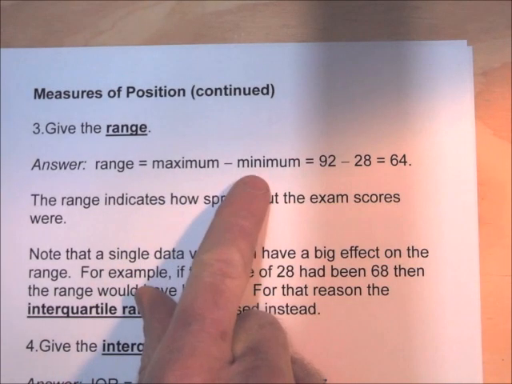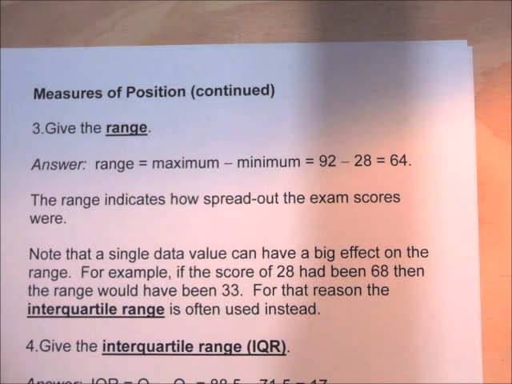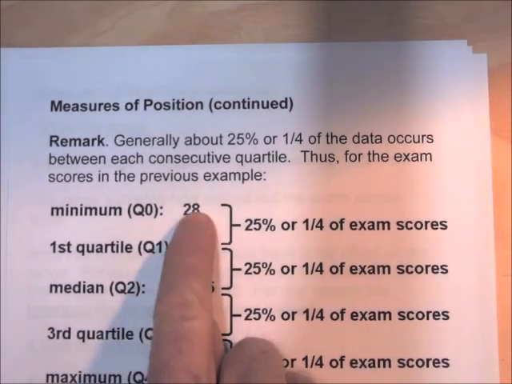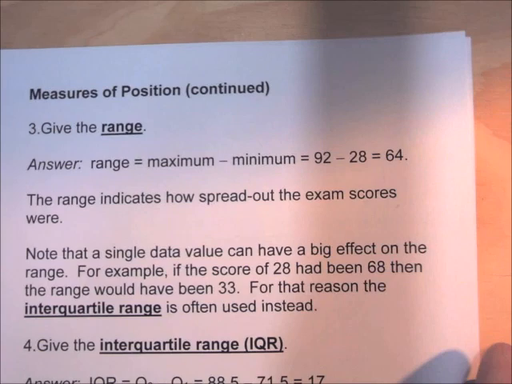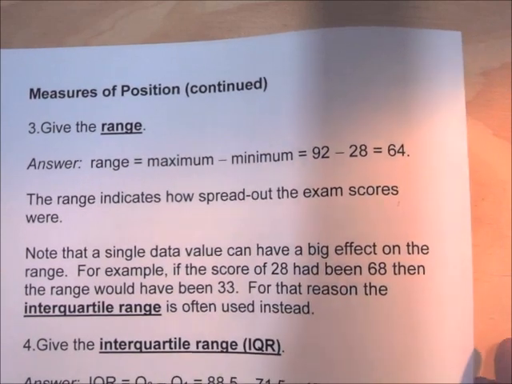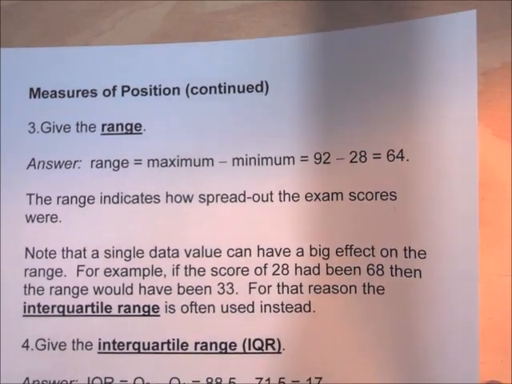It's the maximum minus the minimum. The maximum score is 92. The minimum is 28. 92 minus 28 is 64. So that's the range.